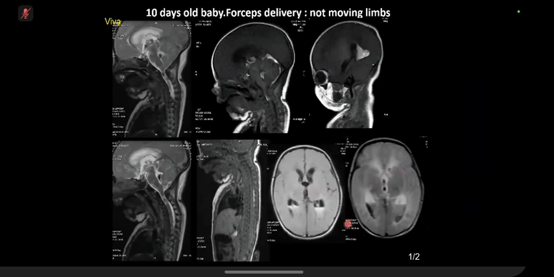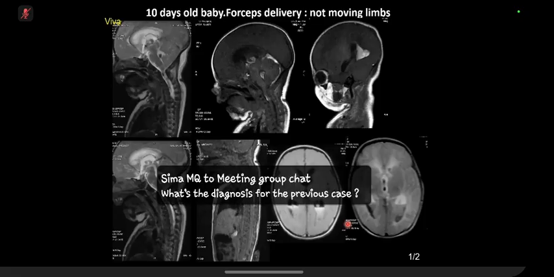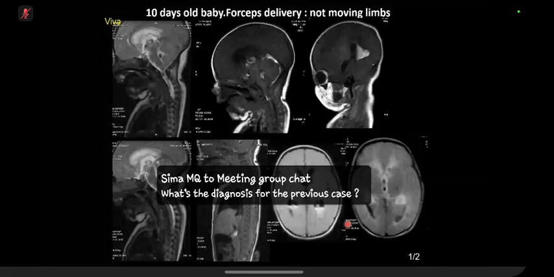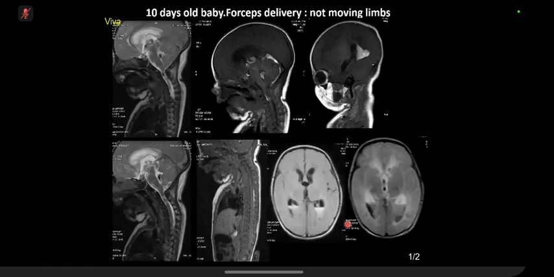So I've got layering of T1 hyperintense fluid in the ventricles, suspicious for intraventricular hemorrhage. There is also hyperintensity surrounding in the periventricular kind of corpus callosal area, which could be consistent with hemorrhage as well in the context of traumatic birth.